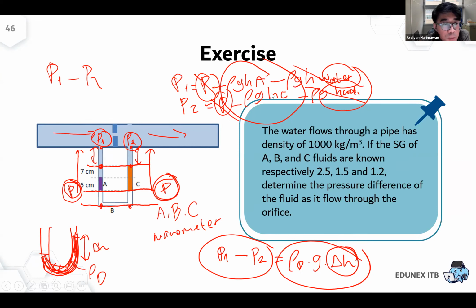So the exam will be from the first lecture until this part. Although on this Thursday I will give a lecture on the next part, it won't be included in the exam. The next part will be the friction calculation. The friction calculation will be for the second exam.